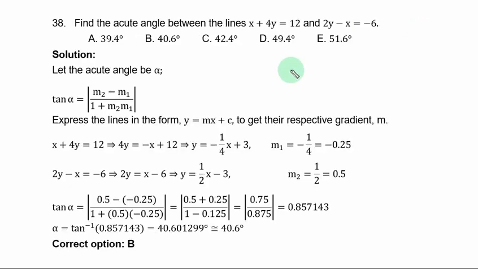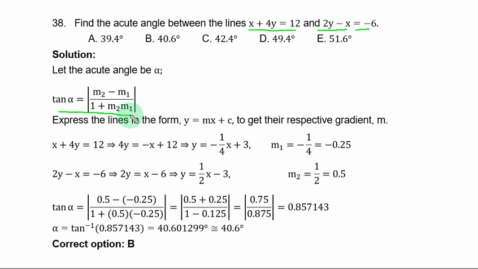Question 38. Find the acute angle between the lines x plus 4y equal to 12 and 2y minus x equal to minus 6. The acute angle between any two lines is given in this form.